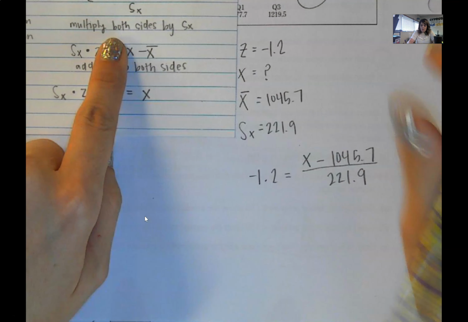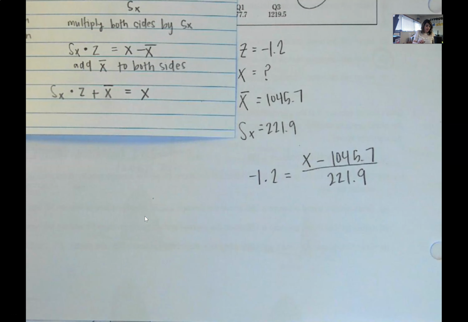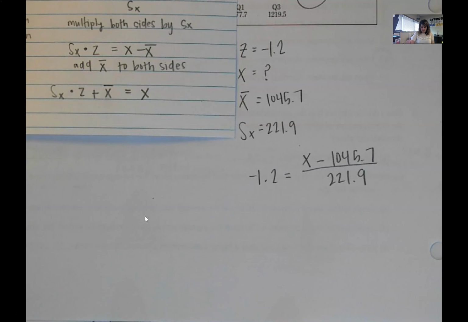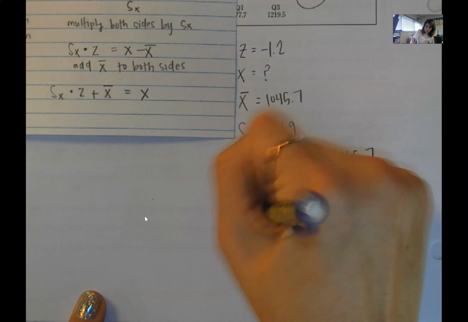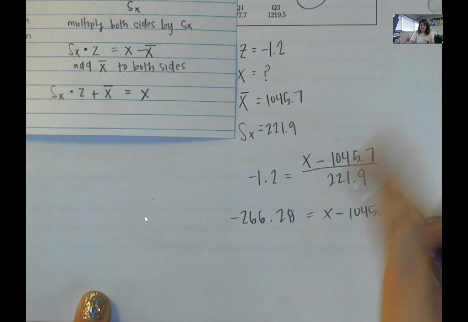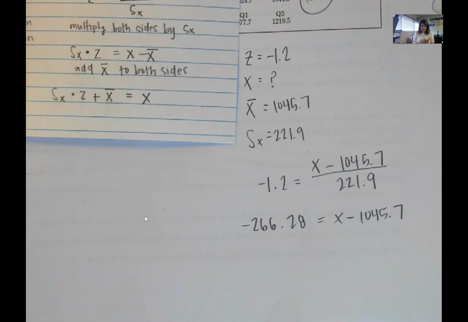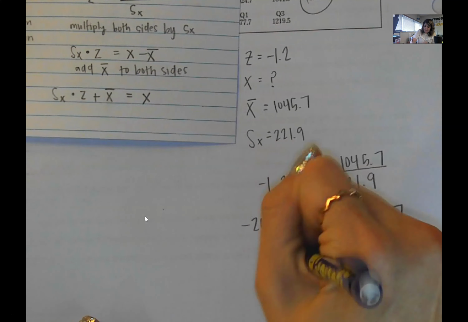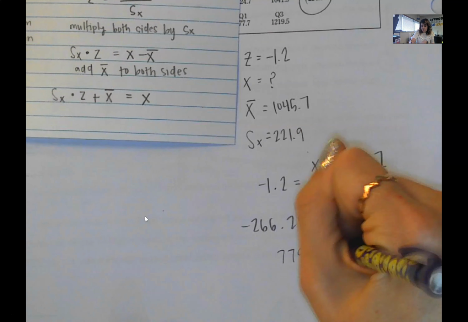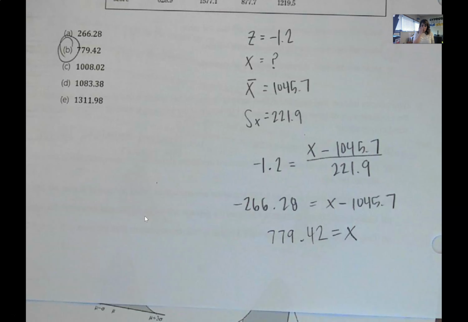It says multiply both sides by S sub X, so multiply both sides by 221.9. That gives us negative 26628. Then it says add x bar to both sides. So add 2045.7. That gives me 779.42 equals x. So B as in boy.